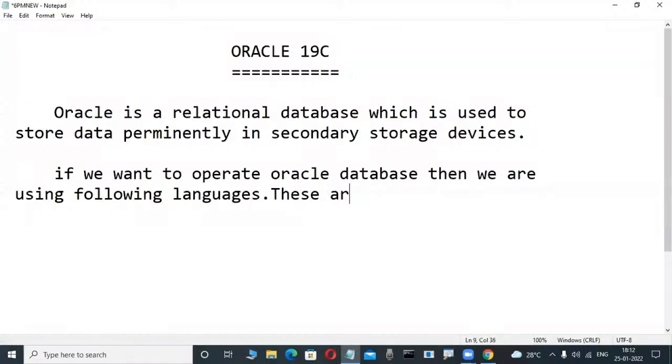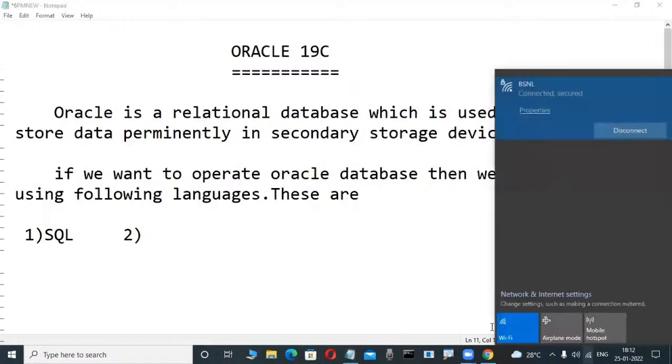First one, SQL, the Structured Query Language. Second one, PL/SQL.